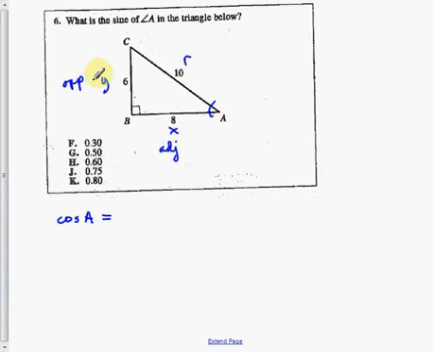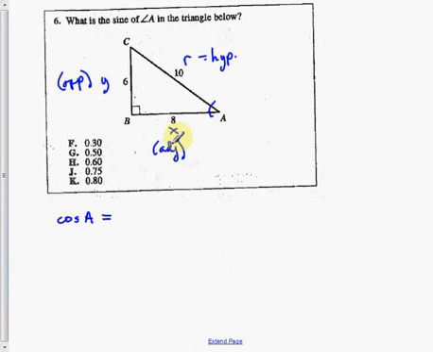So cosine is always the adjacent over the hypotenuse. And if you will, I'll just say X over R. Is that okay?